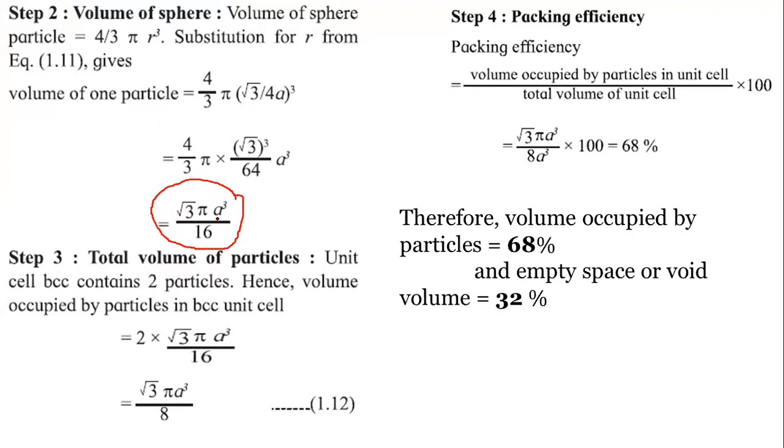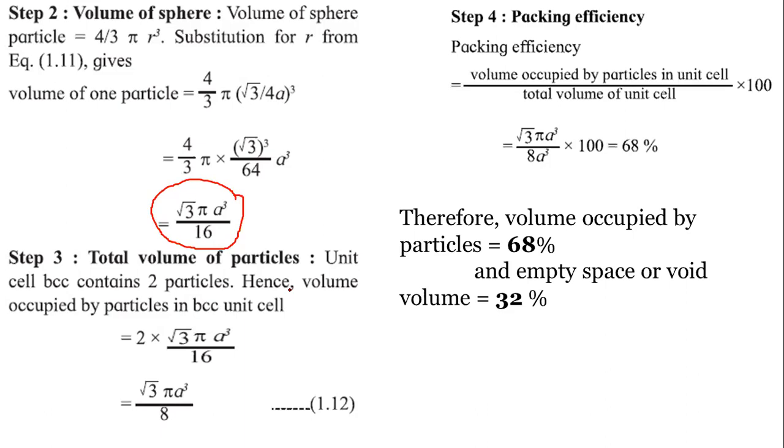Now the volume of the particles. There are two particles in the case of body centered cubic cell. All the corner spheres form one particle, and at the center of the body there is one particle. So there are two particles.